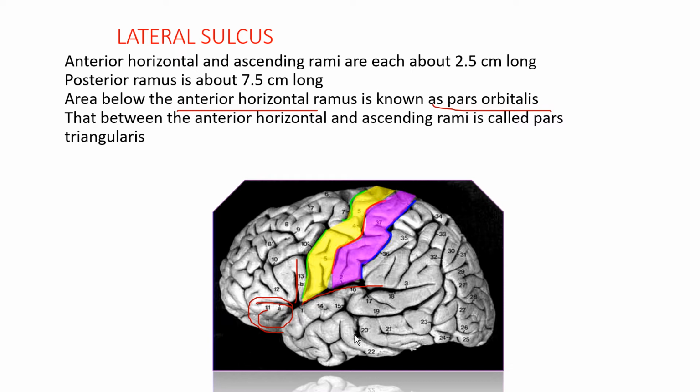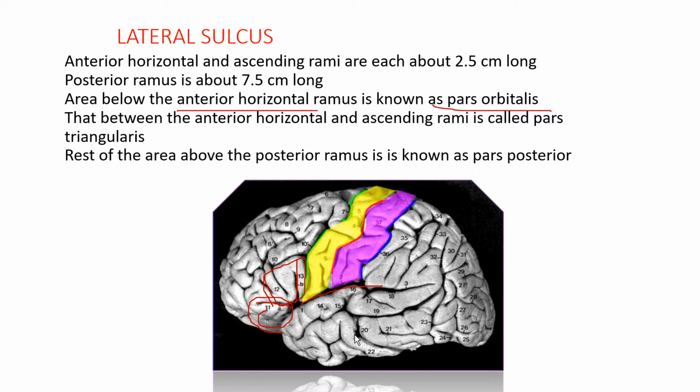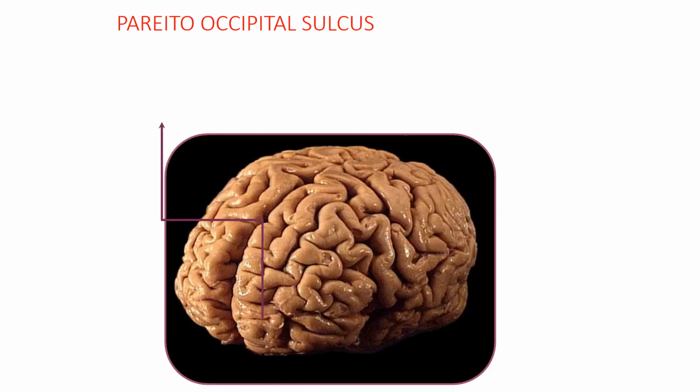Between the horizontal and ascending, this area is triangular in shape, so that is called pars triangularis. Rest of the area above this posterior ramus will be called the pars posterior. So we are covering the sulci and the gyri adjacent to the lateral sulcus also.